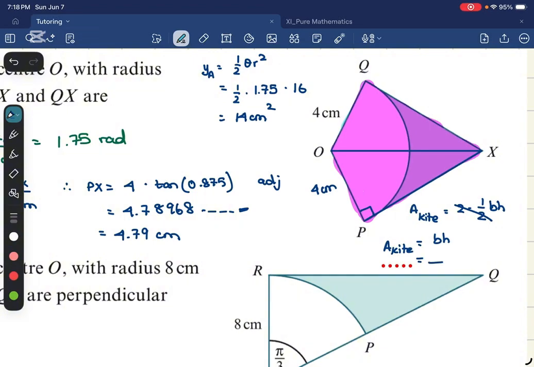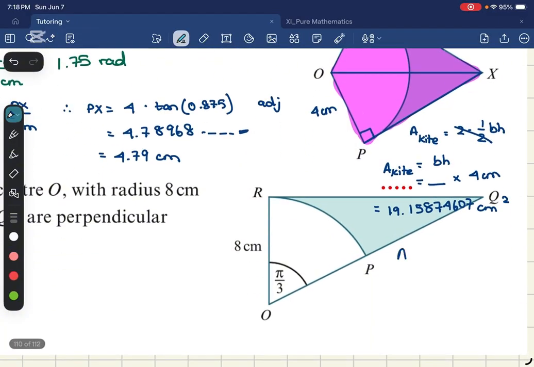So it's going to be the ugly expression times the height, which is just 4 centimeters. And if you do that, you get 19.15874607 centimeters squared.